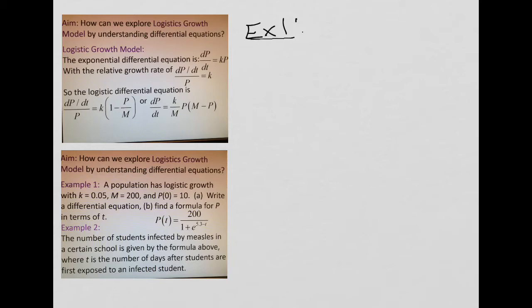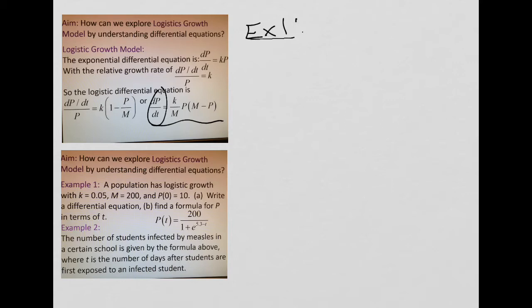All right, so we have a lot of our information here, and we're going to apply it to our formula. The formula that we're going to use is this one here, because we have P and K and M. And it's asking for a differential equation, and that's usually dP over dt, so that's why I'm going to use this one, not that one, because there's no carrying capacity.